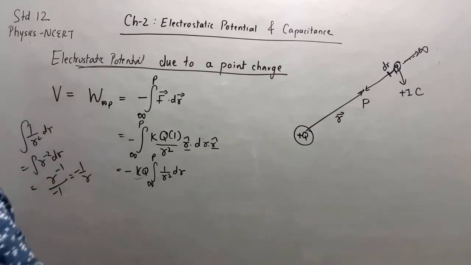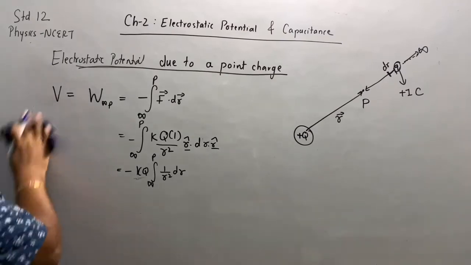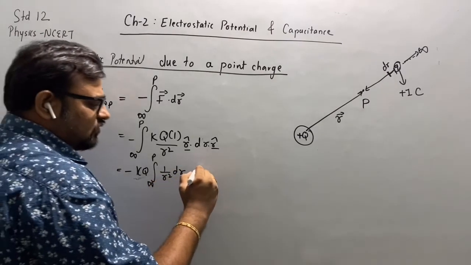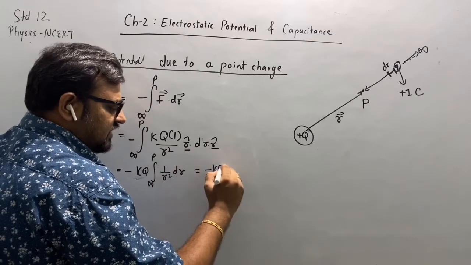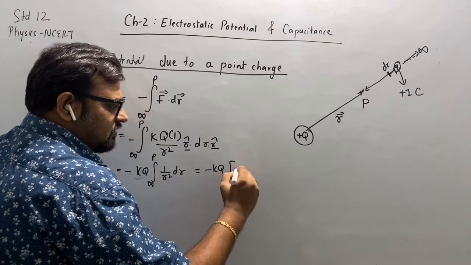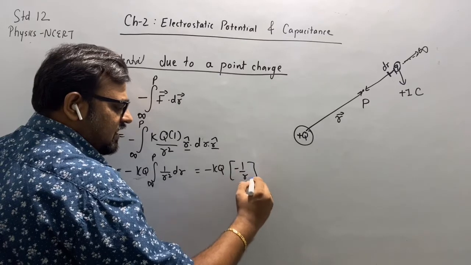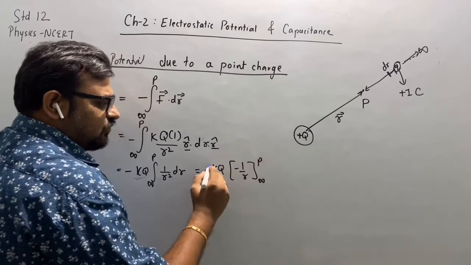So I will write this as minus kq times minus 1 by r from infinity to p.